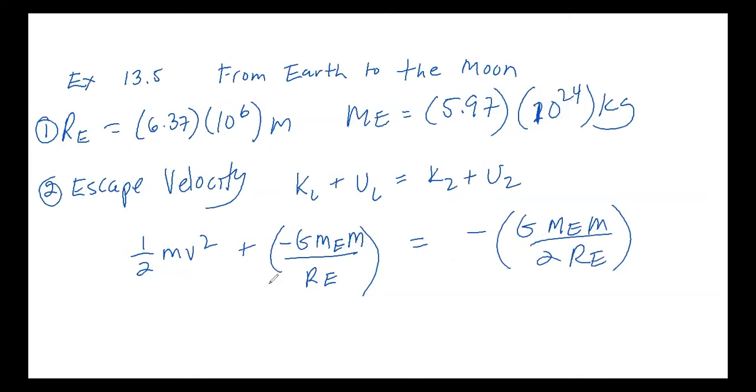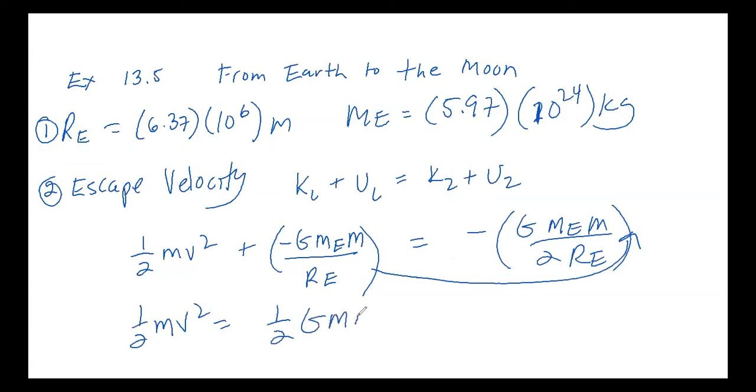So we're going to take this over here, and we're going to have 1/2 mv squared equals, it's going to be positive going over there, 1/2 G, mass of the Earth, mass of the rocket over radius of the Earth.